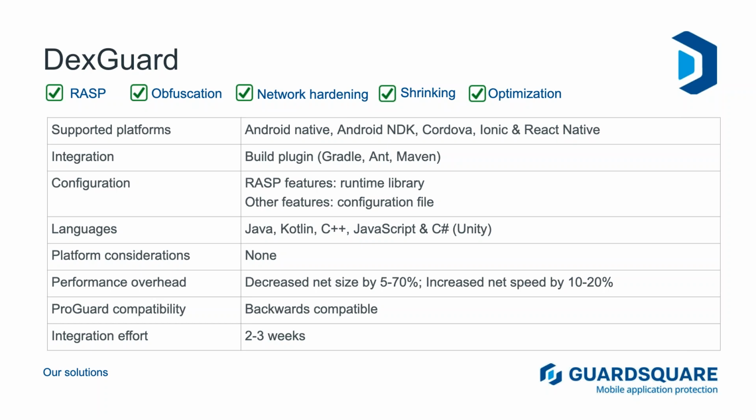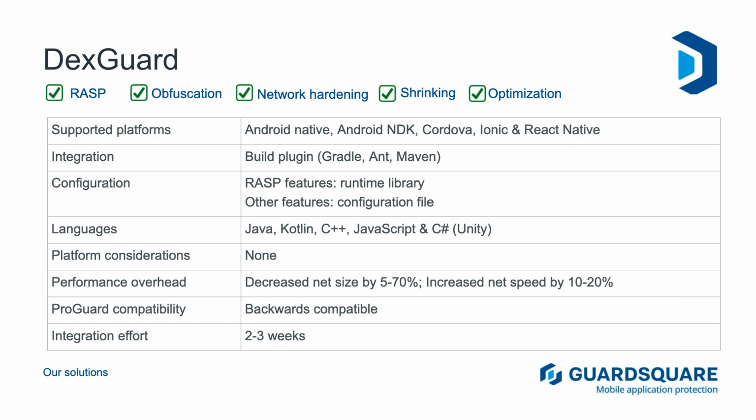It will be necessary to do some additional configuration, as there are more features to configure, of course. DexGuard is compatible with Java, Kotlin. It can obfuscate C++ together with the NDK add-on. And it can also obfuscate JavaScript as part of hybrid apps or C# if it's a Unity game.